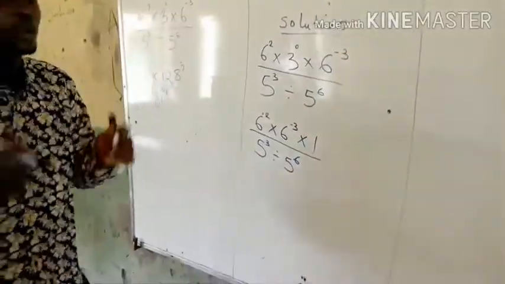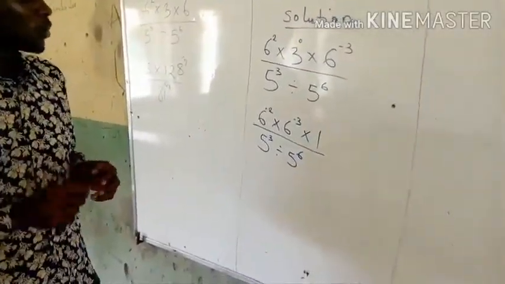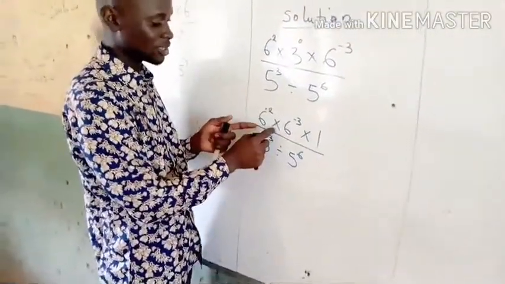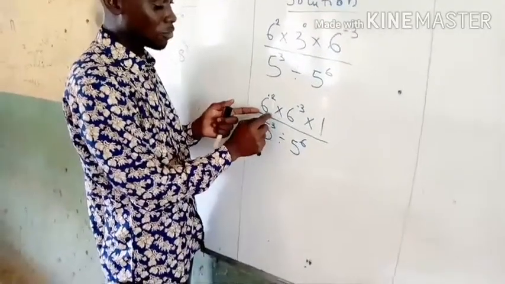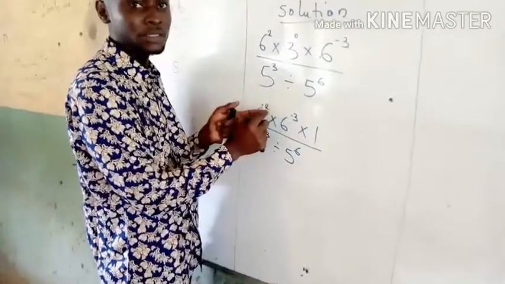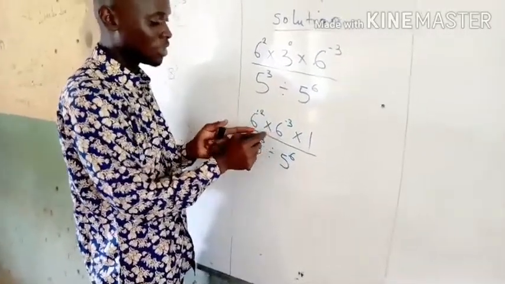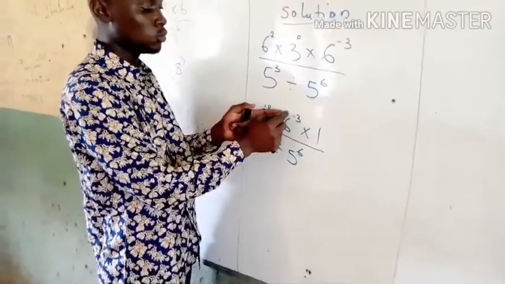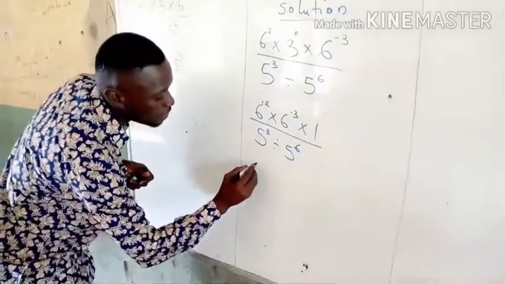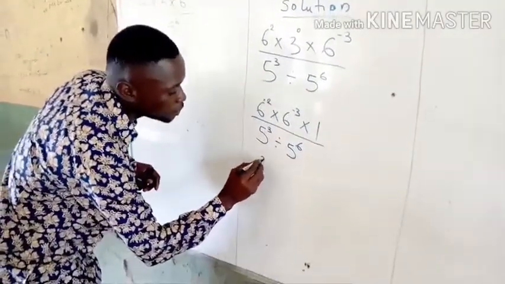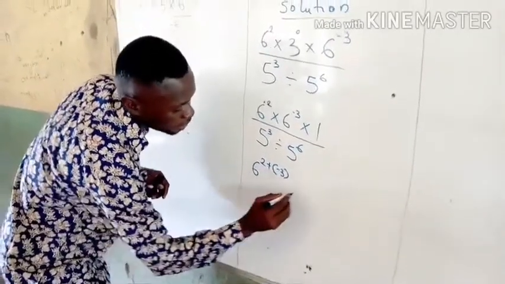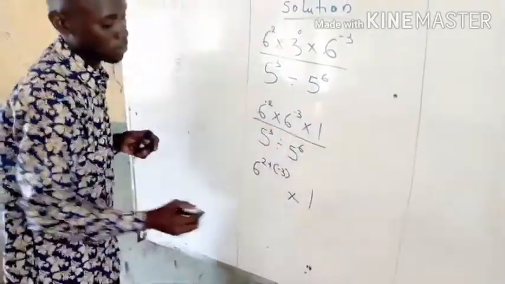So let's do double attack. From our indices laws, the first law, the multiplication law, says when you have the multiplication between two numbers that the bases are equal, you add their powers. Now, look at these two, their bases are equal, 6 and 6. What we're going to do is add their powers. So we'll have 6 raised to the power 2 plus minus 3, then times 1.